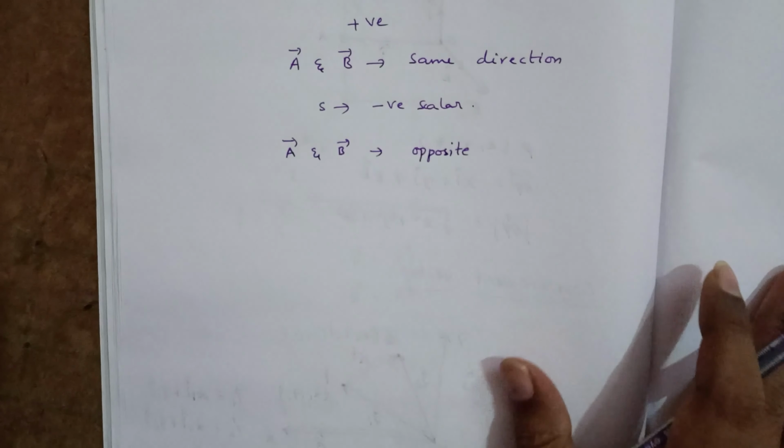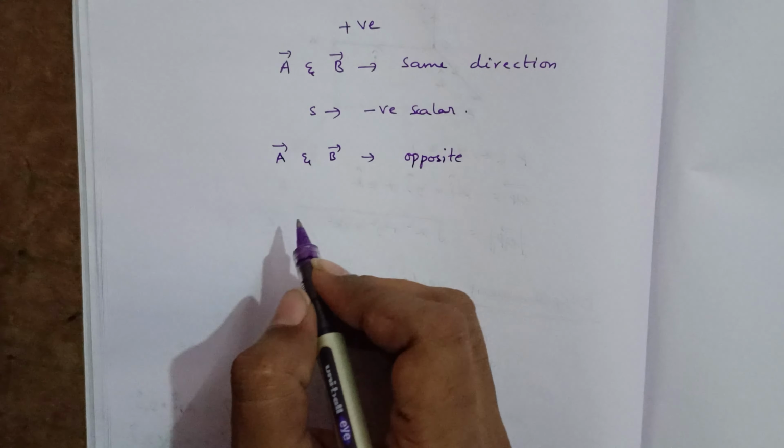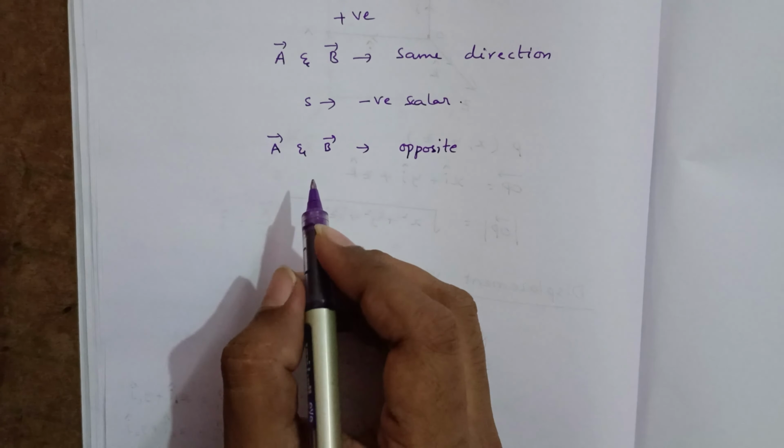Okay, now we will see some properties. Vector multiplication obeys the commutative law: s a bar equals a bar s, where s is a scalar.